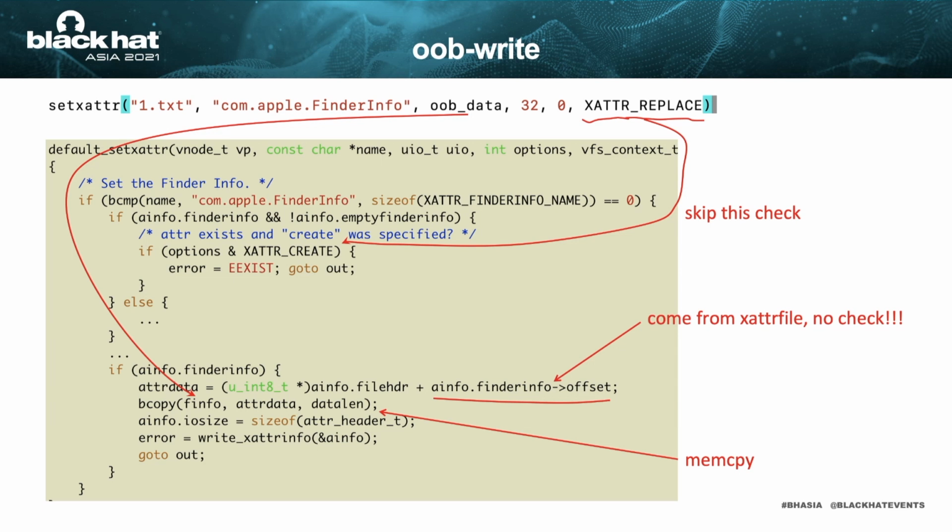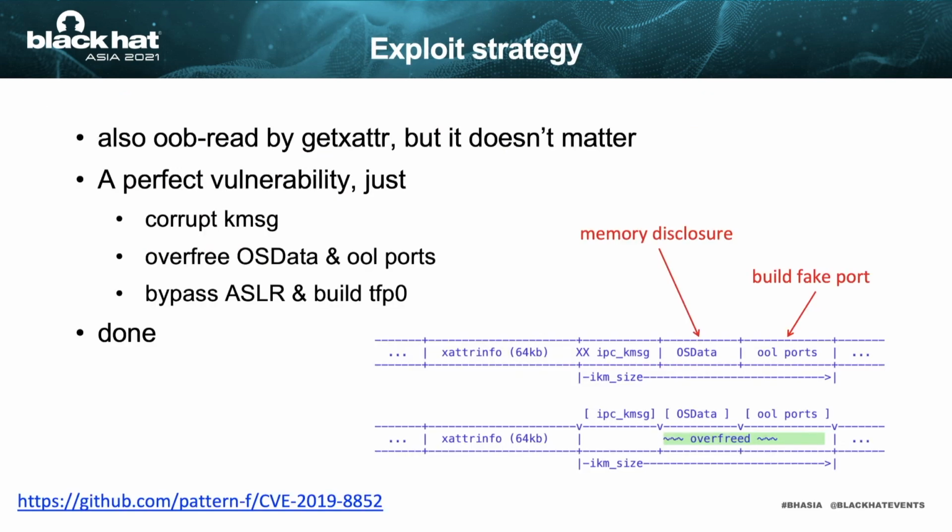When this value is greater than 64 KB, an out of bounds occurs, and we can control all the OOB bytes written to the kernel. In fact, if you read this attribute by the get xattr syscall, you can get an out of bounds read, but it doesn't matter. The OOB write is enough for the exploitation.